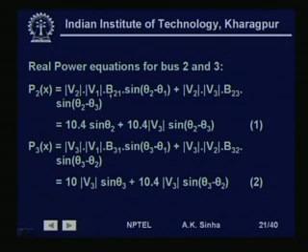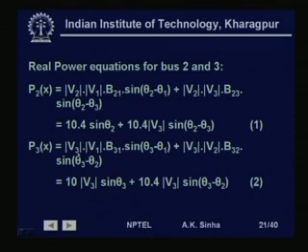So, we write the equation like this: P 2 = v 2 v 1 b 2 1 sin (theta 2 minus theta 1) plus v 2 v 3 b 2 3 sin (theta 2 minus theta 3). Now, substituting the values of b 2 1 and b 2 3, we get this as 10 v 2 sin theta 2 plus 10 v 3 sin (theta 2 minus theta 3). Now, here theta 1 is the slack bus angle, which is 0. So, this is sin (theta 2 minus 0), and we have written this as sin theta 2.